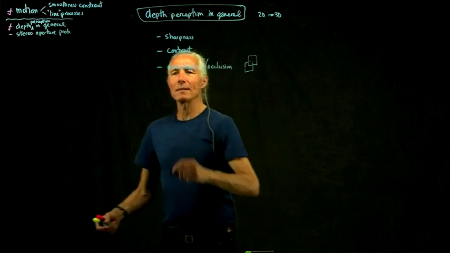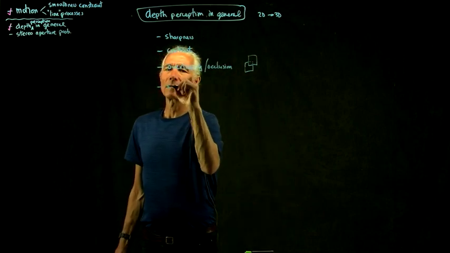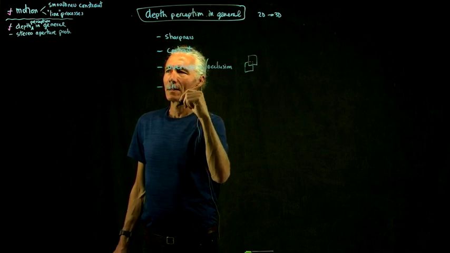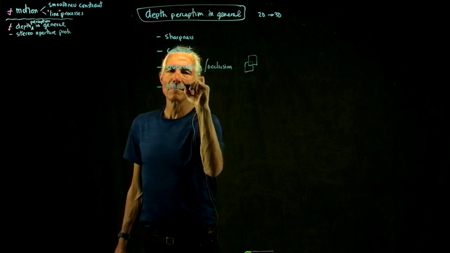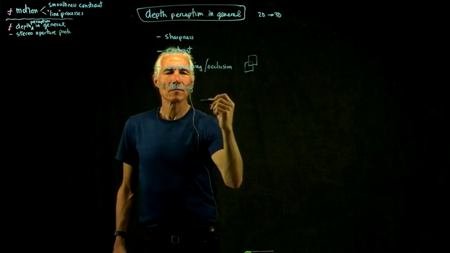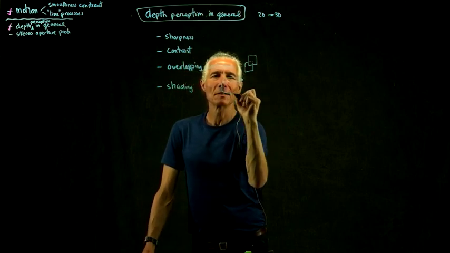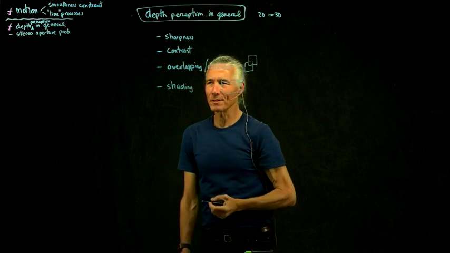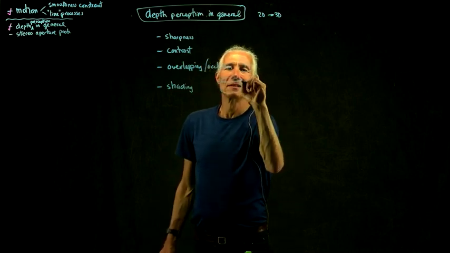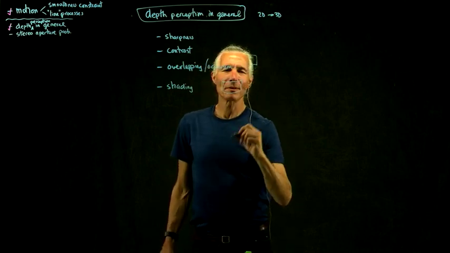And then another one that we talked about already when we talked about blob cells is shading. Especially when you look at a cylinder, which is of course all there is in the world of 1980s computer graphics.